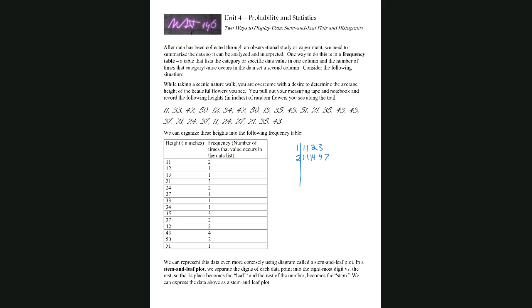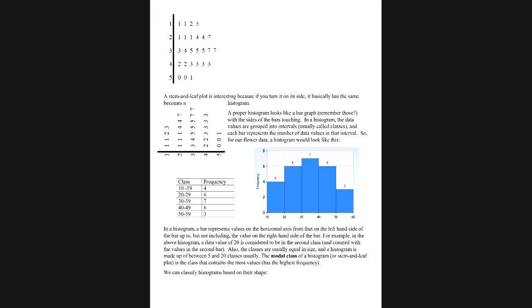So when this is finished, the stem and leaf plot looks like this. So here we go. So this tells me that I have an 11, 11, a 12, a 13. I have 3 21s, 2 24s, 1 27, 1 33, 1 34, 3 35s, and 2 37s.